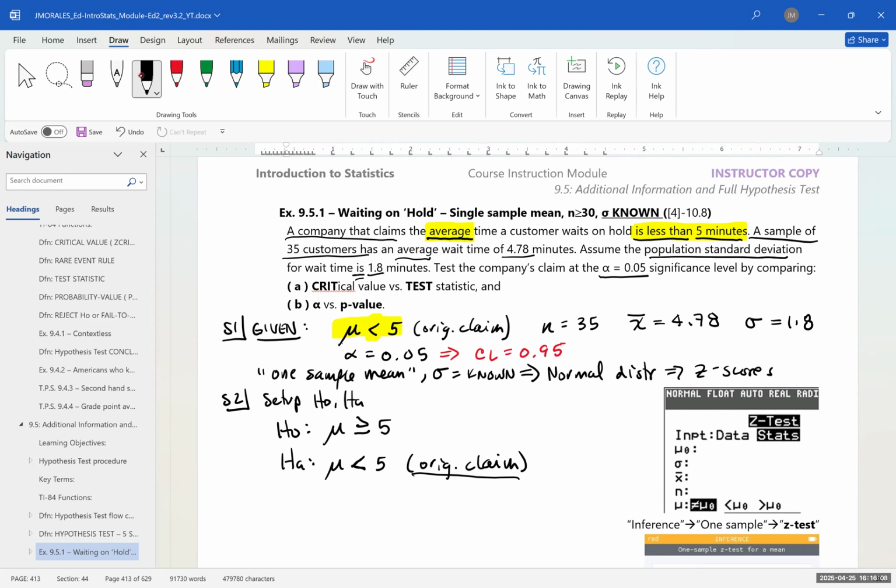The last thing we need to get from this is looking at the alternate hypothesis: what tailed distribution are we going to be dealing with? And remember, you want to make an arrow out of this. So it's an arrow going to the left, which means this is indicating that we're going to have a left-tailed distribution.